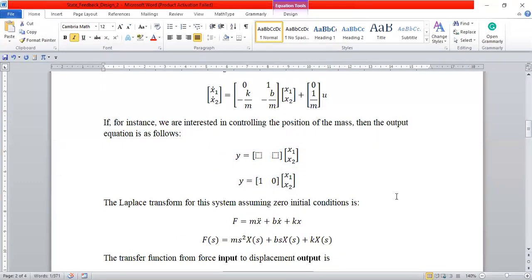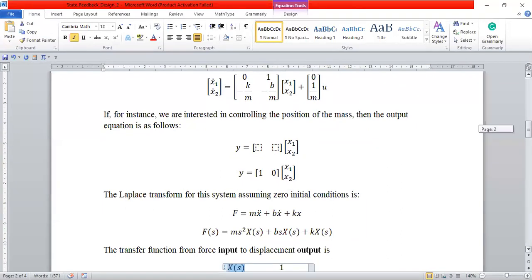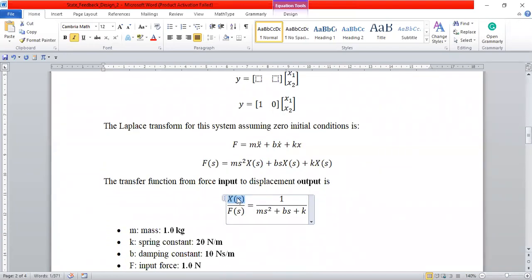So this is just an application example. I'm not doing it in the form of a question. I'm solving an application example. So all of these are going to be given to you. So you know that the output is the displacement because I said so, though I didn't write it.